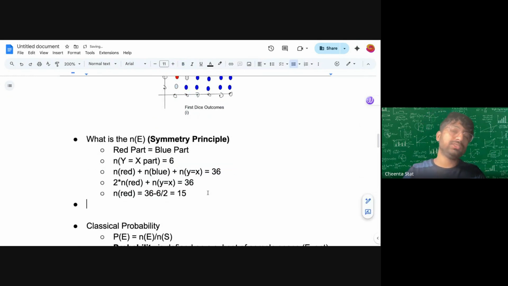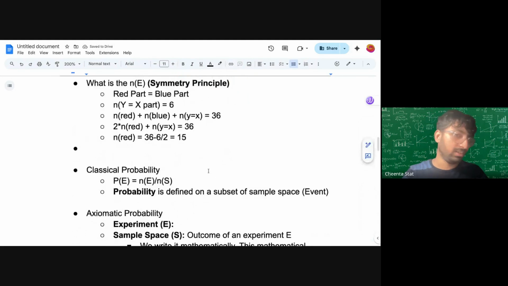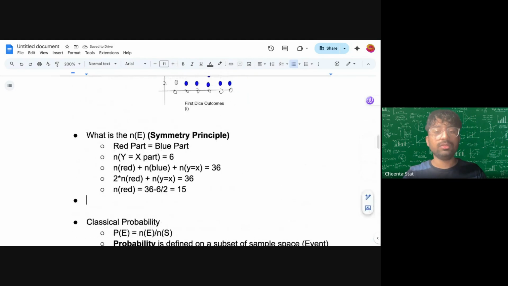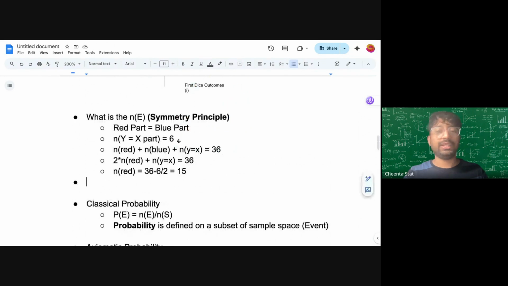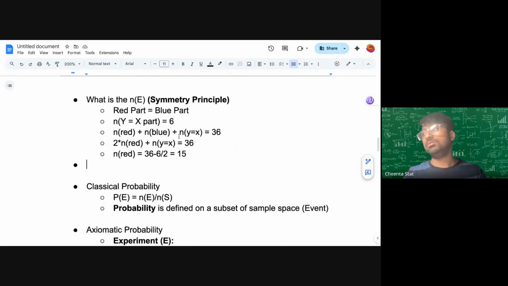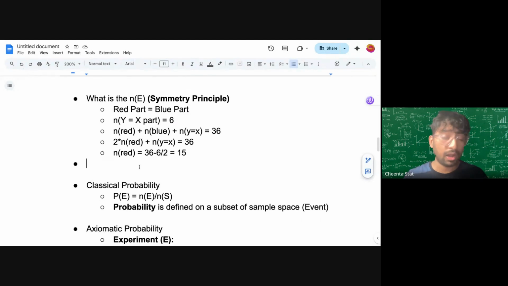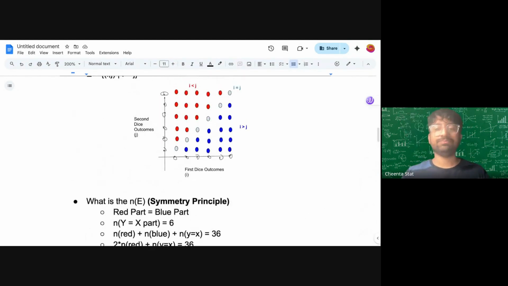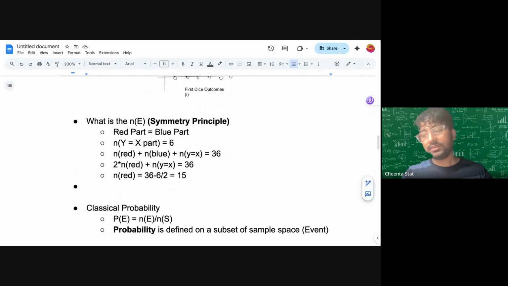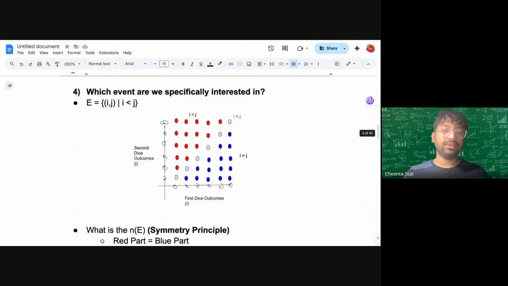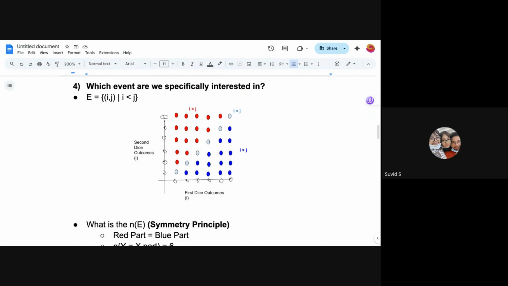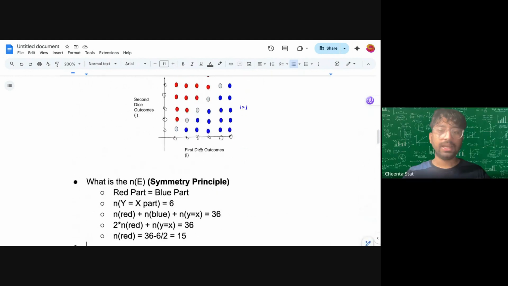Another way to find it is just using basic counting. Both are valuable. So let's see the greater one. How do you think about I greater than j? Here I is the x-axis, yes.